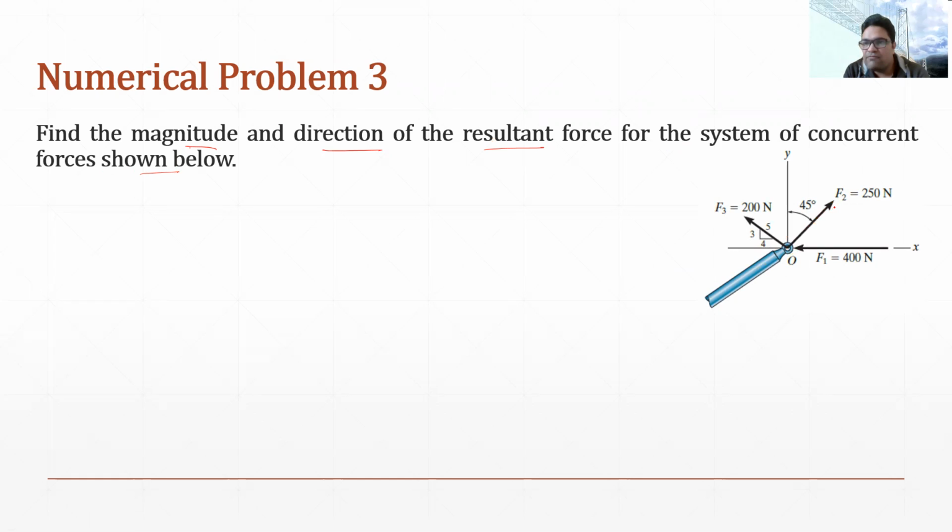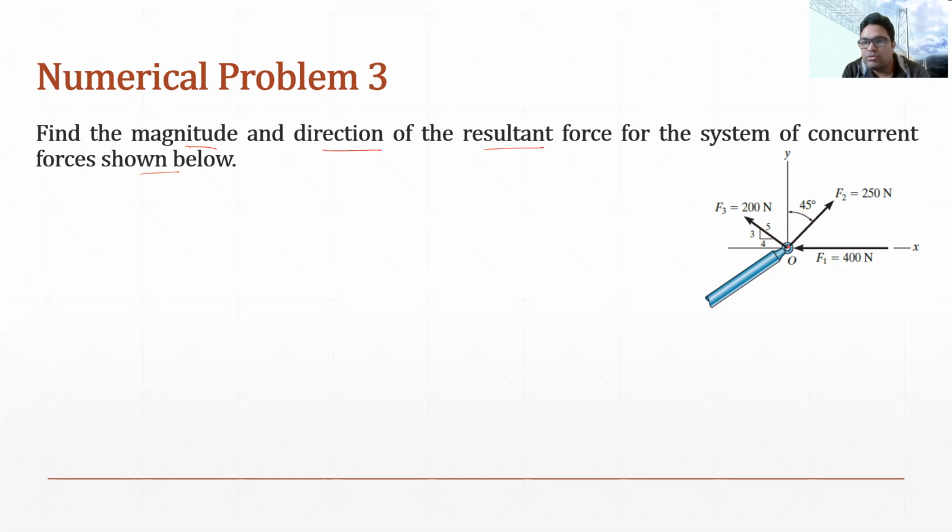The second force F2 is inclined from the vertical axis, which is the y-axis, at 45 degrees. And similarly the third force's inclination is shown by the small triangle, basically as the slope of the angle.